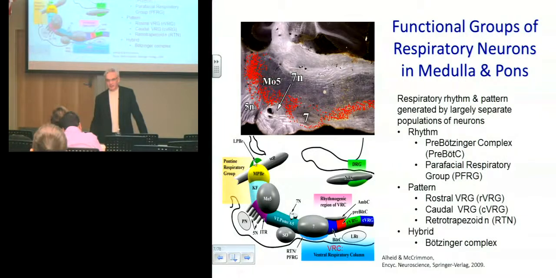We've done a little tiny bit of looking at ventral respiratory column innervation from the cortex. And it's not very dense. There are neurons there that directly innervate the ventral respiratory column. And that seems to go more heavily, at least in terms of direct projections, to like the rostral VRG level, so the premotor neuron level.